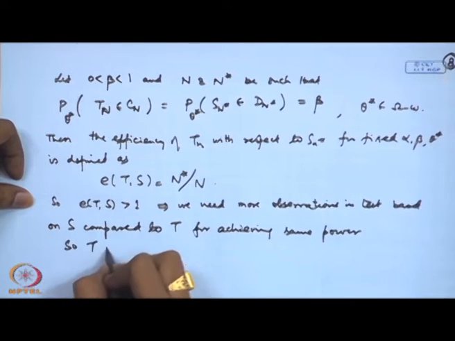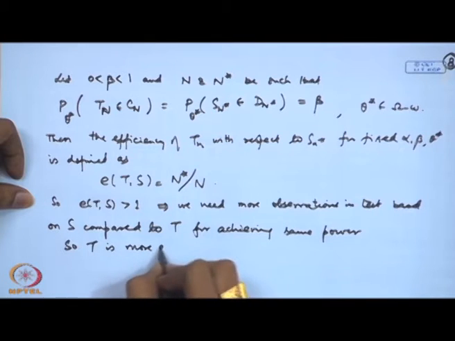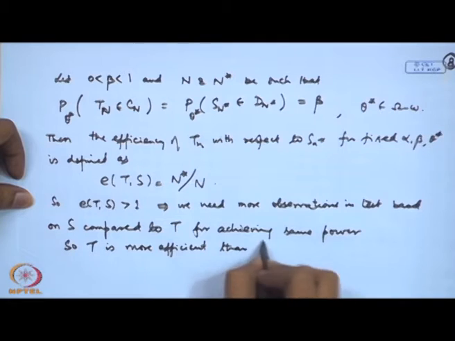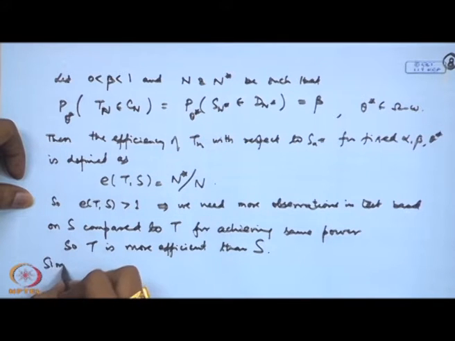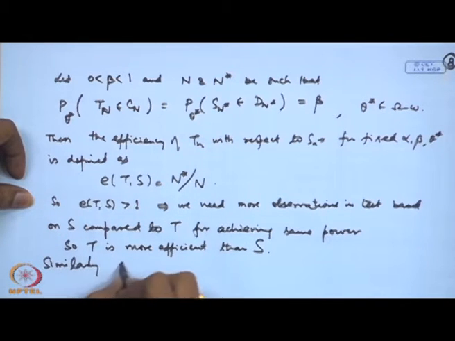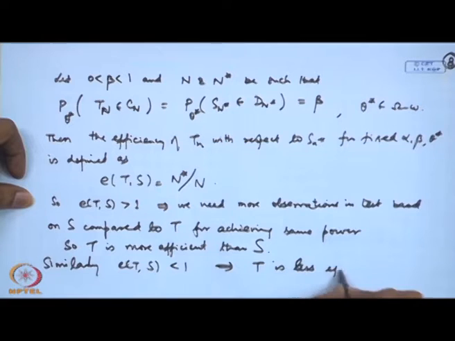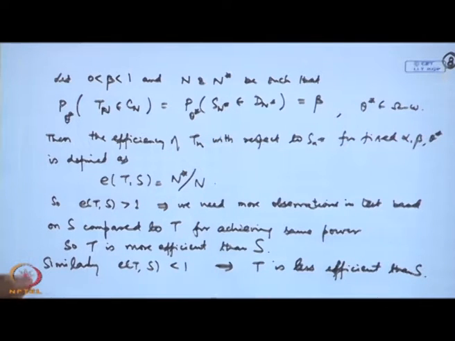So T is more efficient than S. Similarly, ETS less than 1 implies T is less efficient than S. So for this efficiency we have some sort of interpretation here.